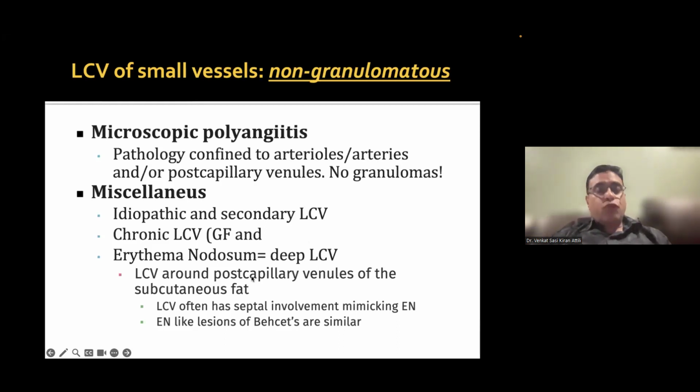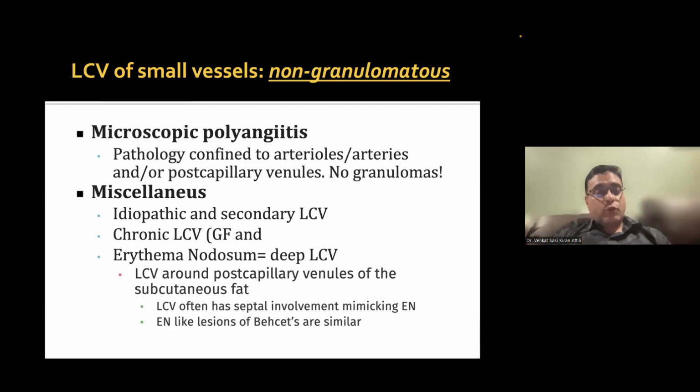And in fact, the proof for this is that when you have leukocytoclastic vasculitis that affects the fat, it often goes down the septum, so it's a septal vasculitis. And clinically, these lesions mimic erythema nodosum.